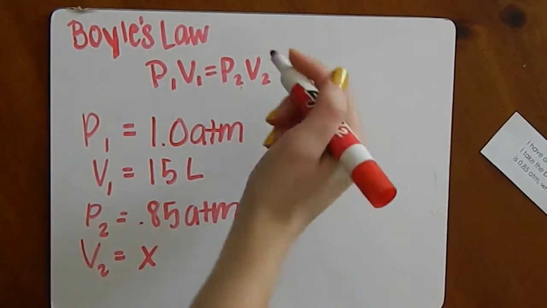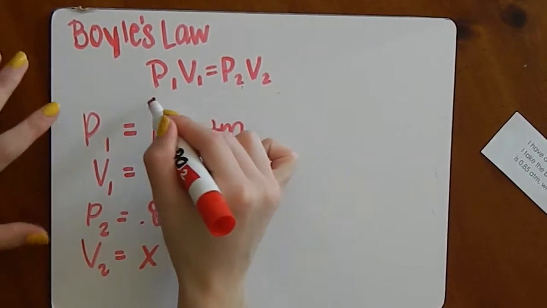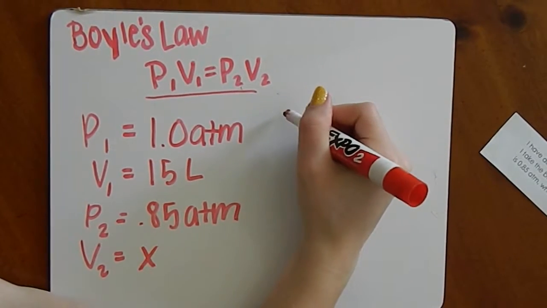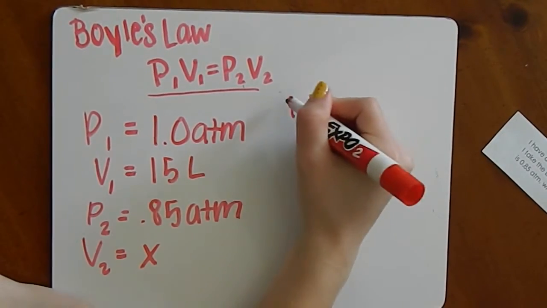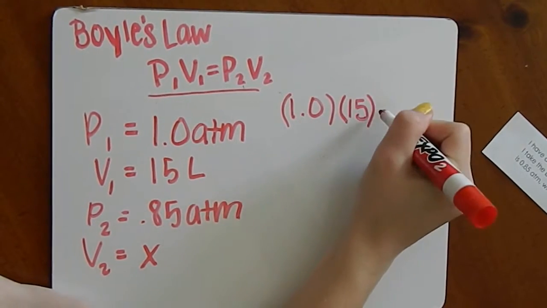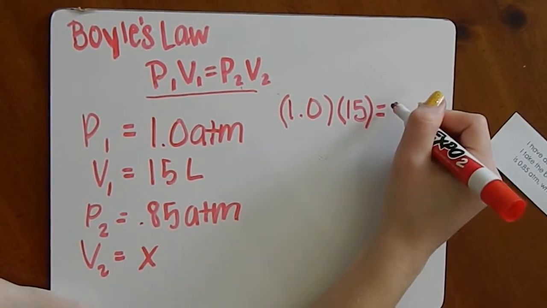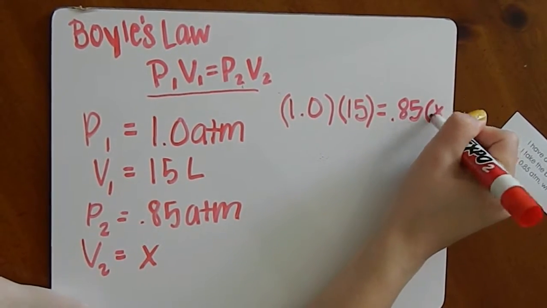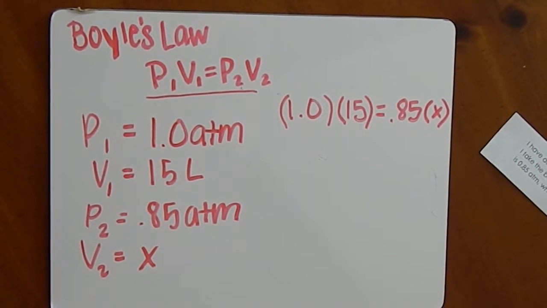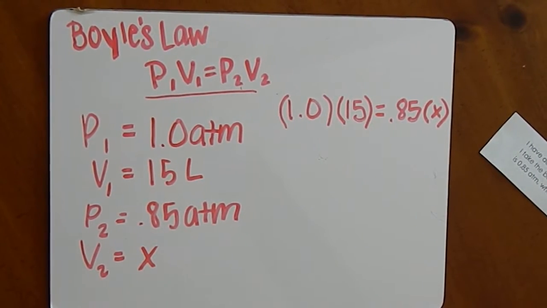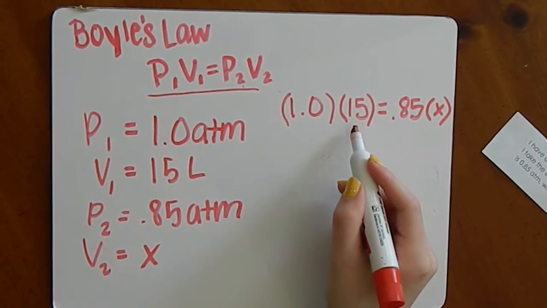So, since this is the equation, we just plug it in. So it would be 1.0 times 15 equals 0.85 times x. So first, we would have to calculate what this times this equals.